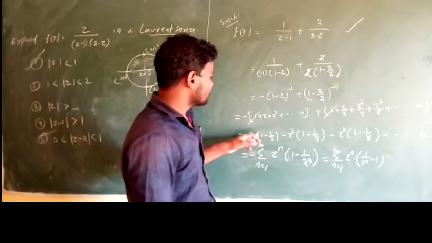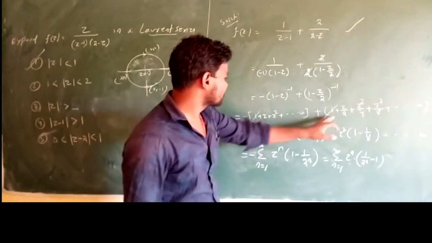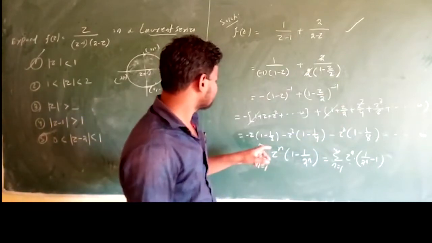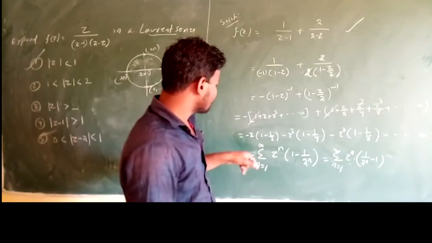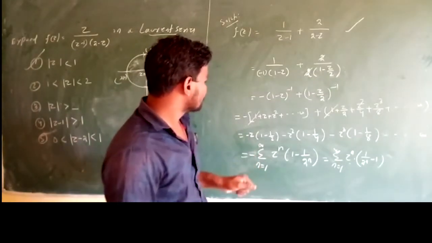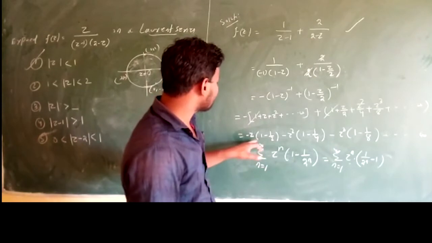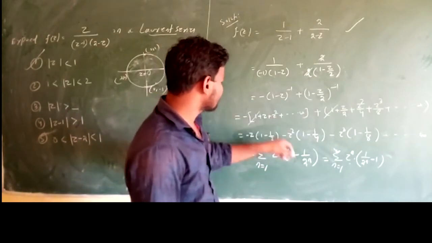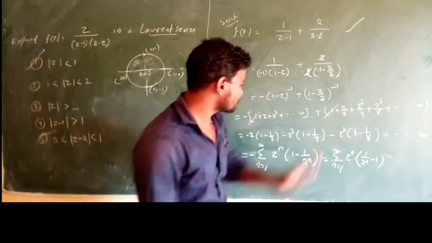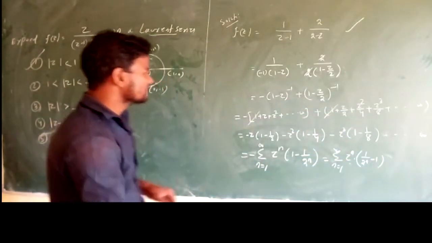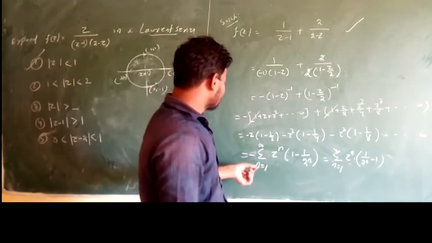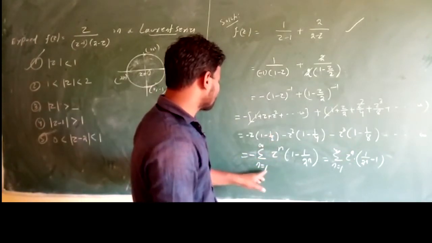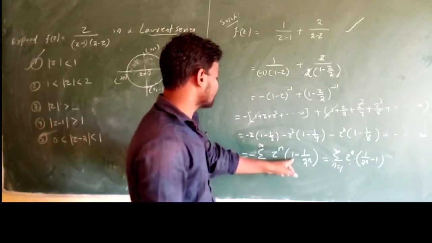Then the 1 cancels, and taking z common, we have minus z, and we have to find (1 - 1/2), again z squared, (1 - 1/4) also. Then this can be written in the series form, for n equal to 1 to infinity, z to the power n (1 - 2/2^n).